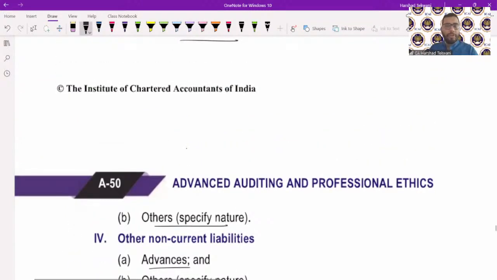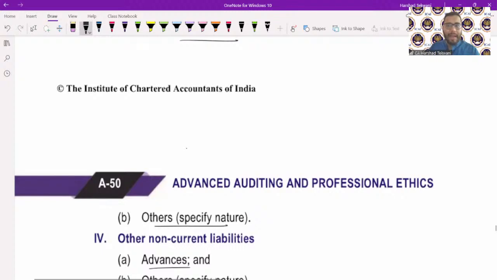So this is your portion for the non-current liabilities. One was the borrowing, which we saw. Then provisions, which we saw, and how you are required to disclose the provisions. And then we saw other non-current liabilities.